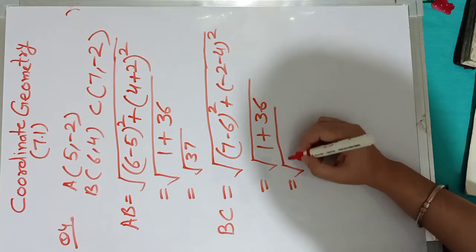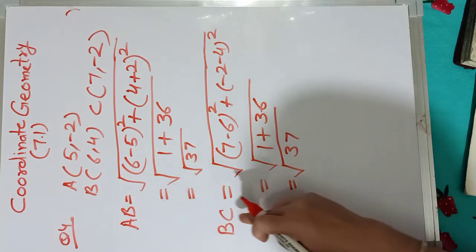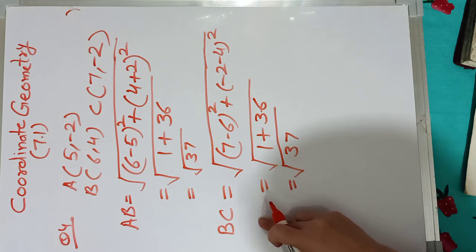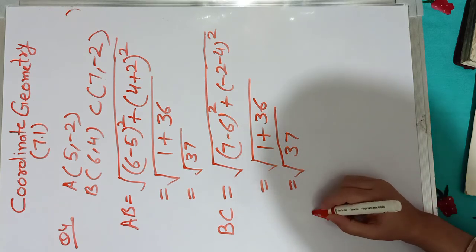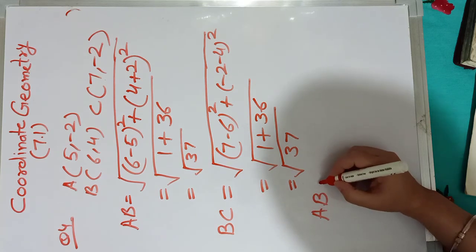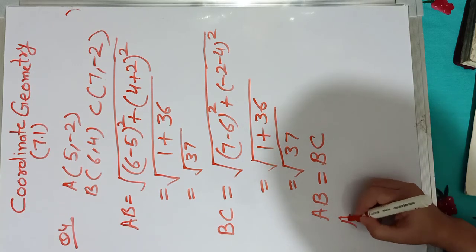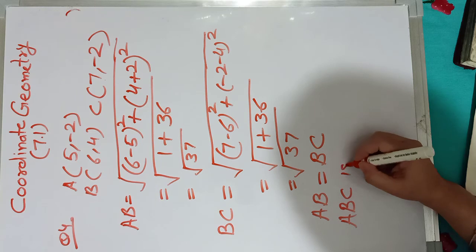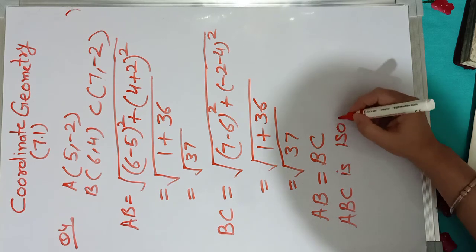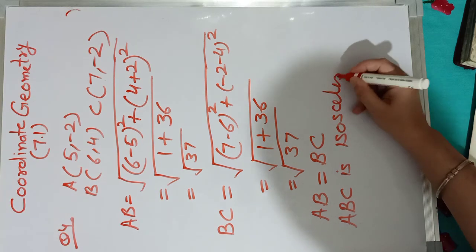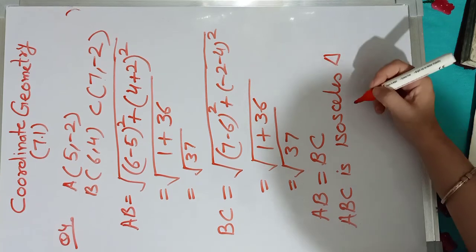Now you can observe here two distances are the same. If two distances are the same, it means the triangle ABC is an isosceles triangle.